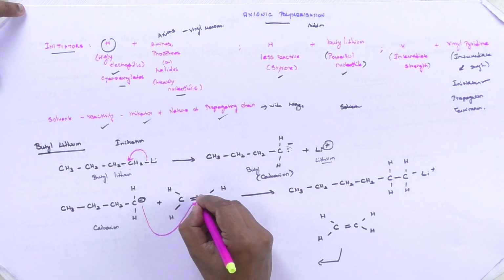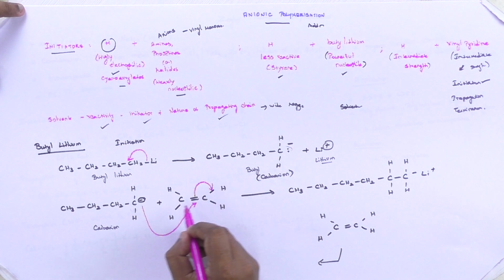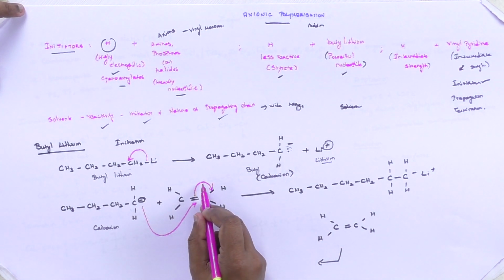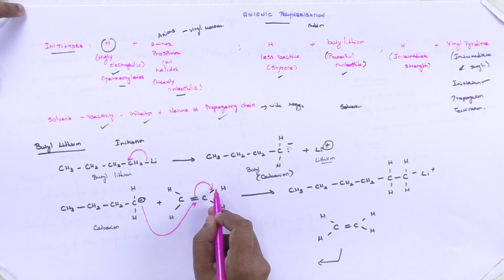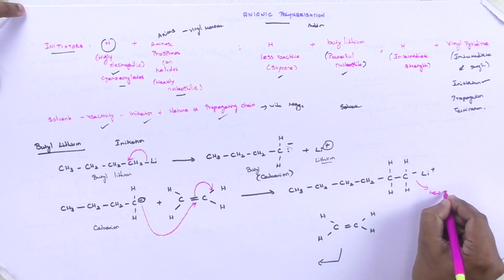Again, this bond is shifted over here and the negative charge settles on the other carbon atom, which forms a new carbanion.